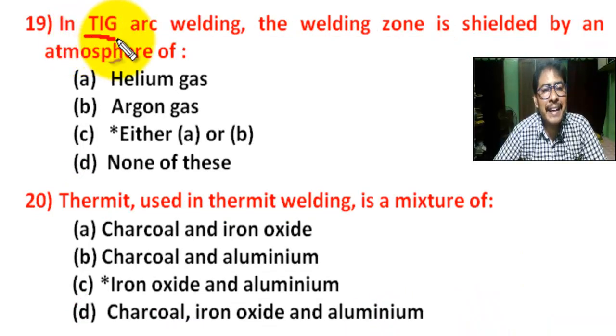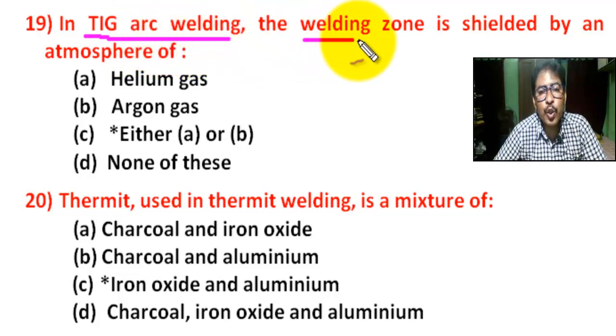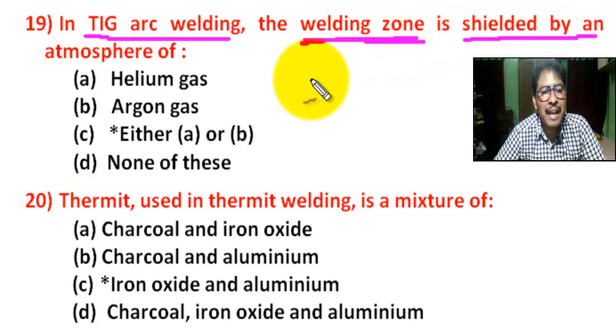Question number 19. In TIG arc welding, the welding zone is shielded by an atmosphere of, there are 4 options.